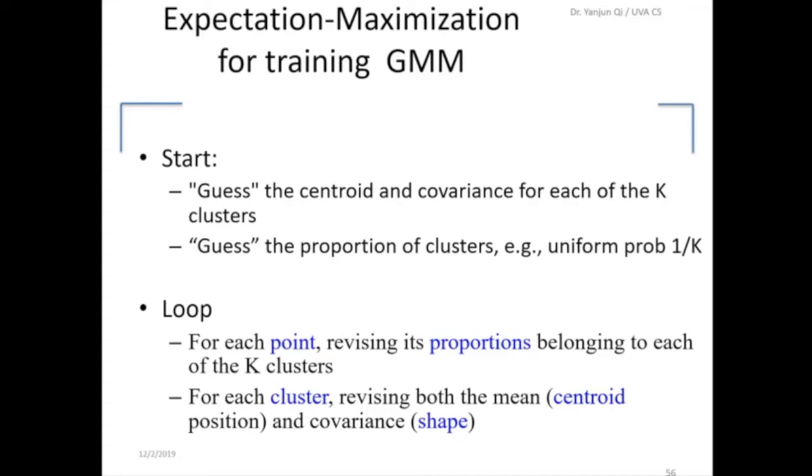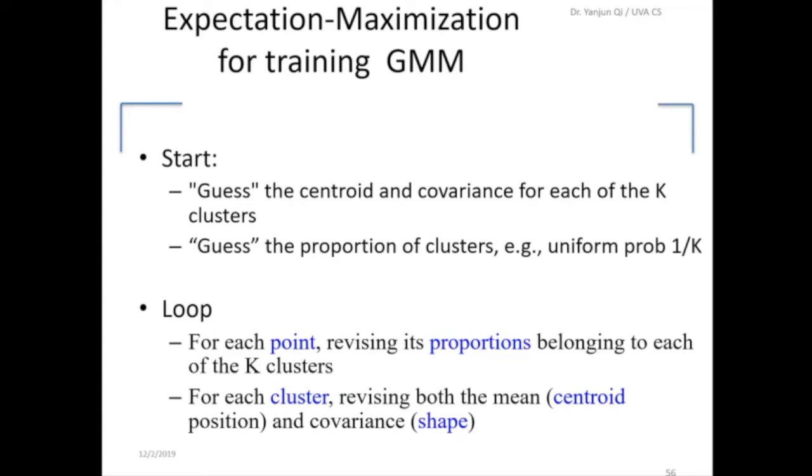Okay, so now you have this starting point, and similar to k-means, for each point you need to assign its cluster. For each point, you calculate what proportion of the point belongs to cluster 1, cluster 2, until cluster k. And this is a very different step compared to the previous method.